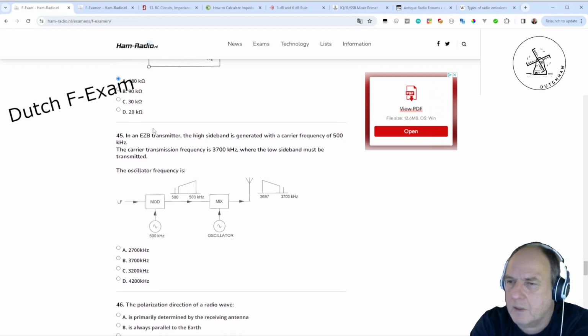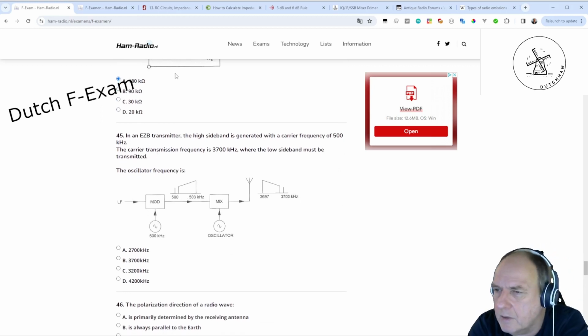In a single sideband transmitter, the high sideband is generated at a carrier frequency of 500 kilohertz. The carrier transmission frequency is 3700 kilohertz, where the low sideband must be transmitted.